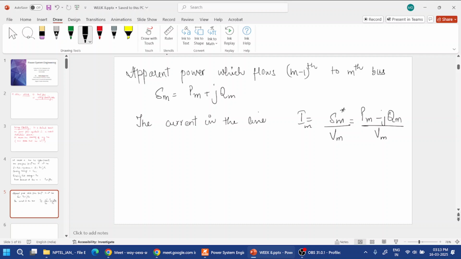So if we apply Ohm's law, then Vm minus 1 is equal to Vm plus the voltage drop.